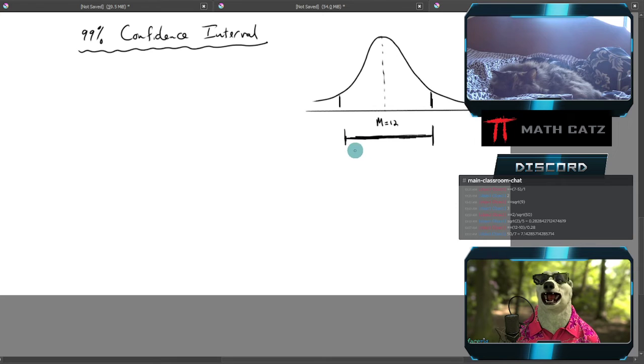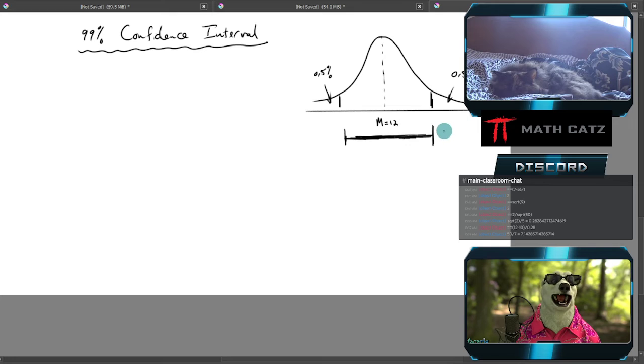So we're going to use the same idea of 0.5% in the tail. We're now just building it around this best guess for where the center of the distribution is.